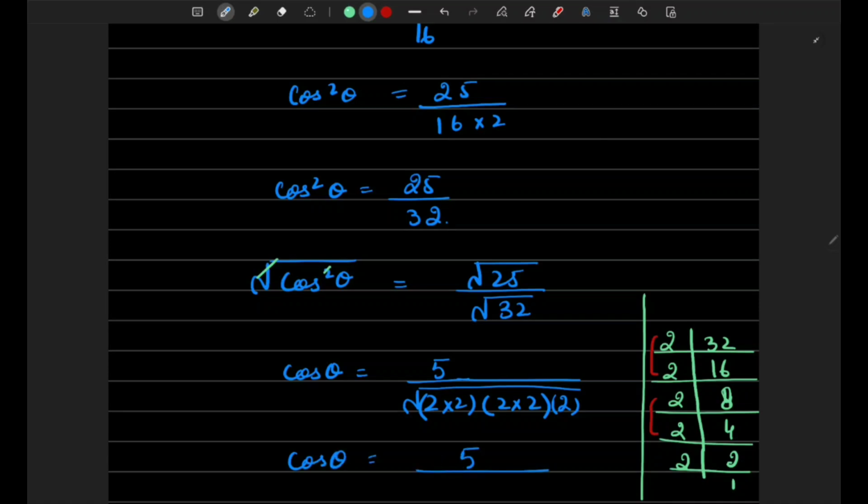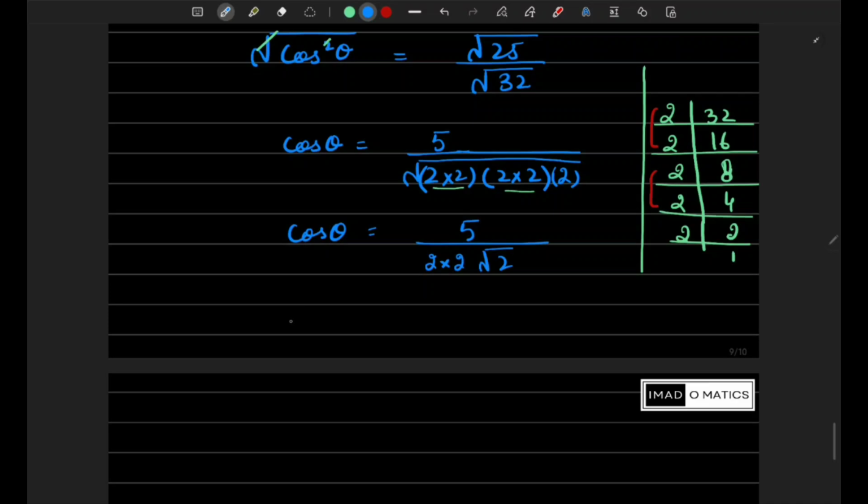We write only one 2 outside the square root for each pair. So 2 into 2 under root 2. Cos theta is equal to 5 over 4 under root 2.